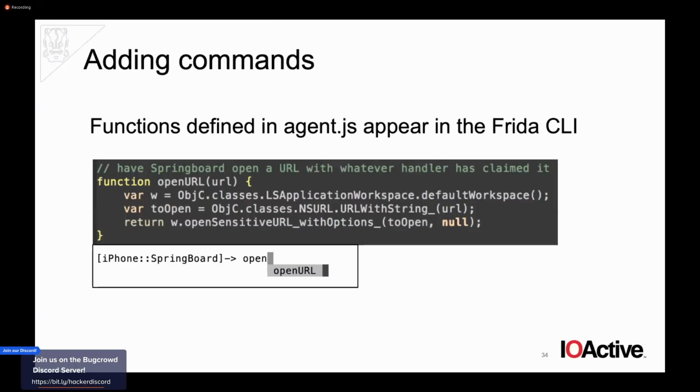And you can see from the second screenshot that once it's loaded in the CLI, it will auto-complete that openURL as if it's any other command or any other Objective-C method that we're handling within the CLI. So this is an easy way to add some functionality that's specific to, for instance, some iOS testing that I might want to do. I can just bundle that all in an agent that I load, and voila, I have some new functionality that's available to me in the CLI.